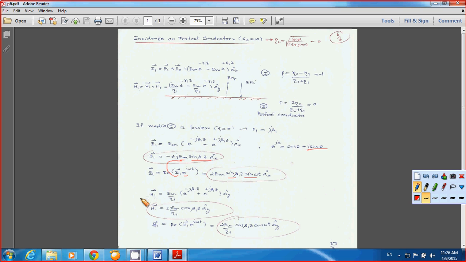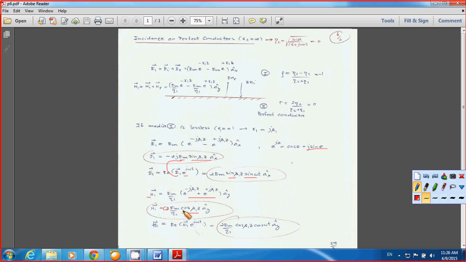same as the magnetic field. H1 equals EM over eta 1 multiplied by this term, and for this term you end up with 2 cosine beta 1 z, and with the time domain you will pick up the real part of H1 multiplied by exponential j omega t.